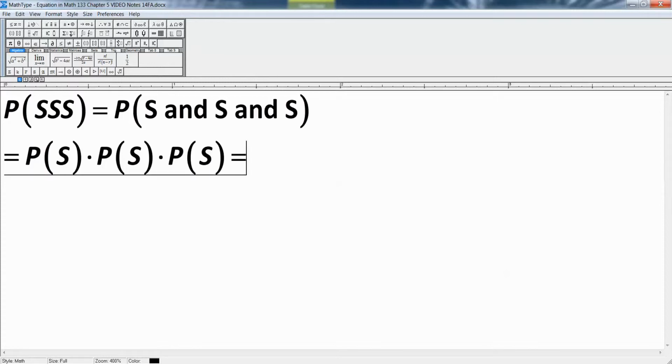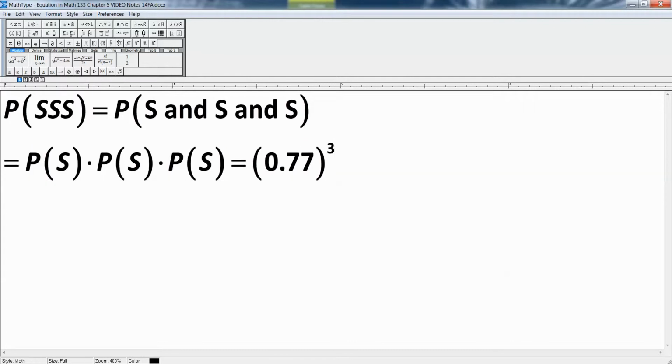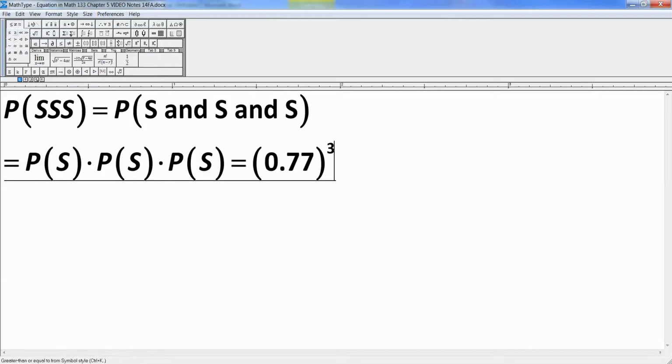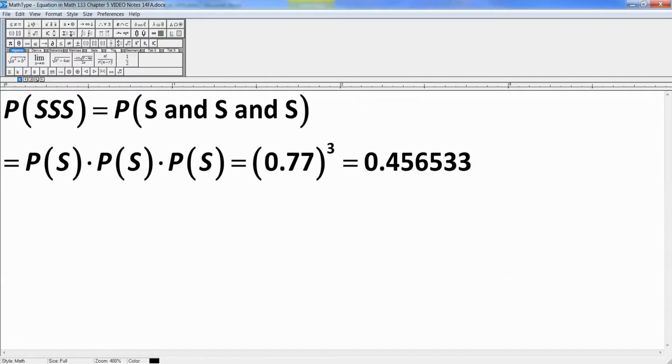And that would be 0.77 cubed, right? Because you're multiplying it by itself 3 times. And 0.77 cubed is, 0.77 caret 3. That's what this button is. That's the caret button. And then press 3 and then enter, and you get 0.4565. So there we go.